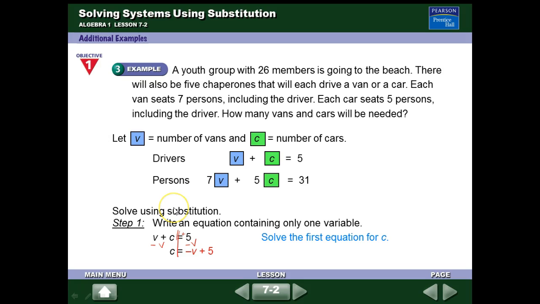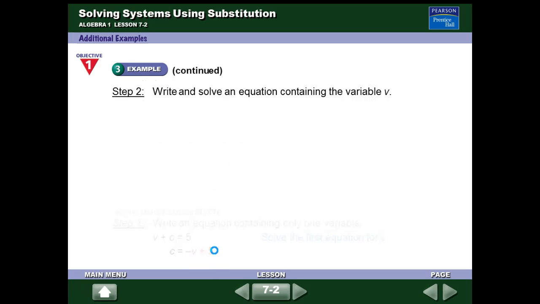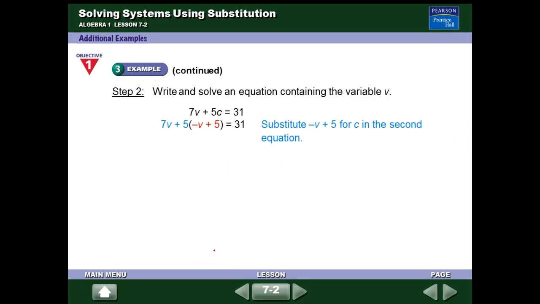This is a positive 5. So right now I know C is equal to negative V plus 5.